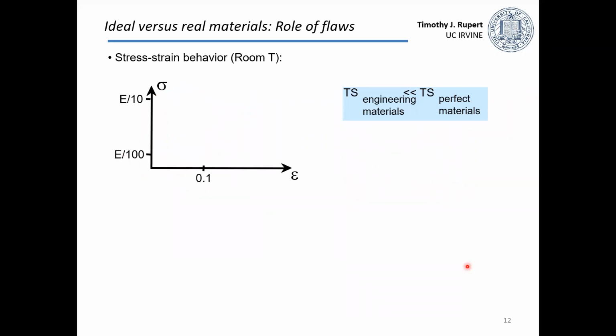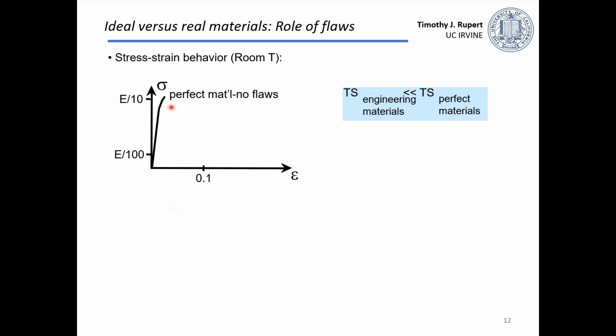It's important to recognize that all real materials have flaws and that these can affect the material behavior. If we were to predict the yield strength, and even the fracture strength, of a perfect material, starting with atoms and a crystal structure, without thinking about any cracks or other defects, it would turn out that our material would be really, really strong.